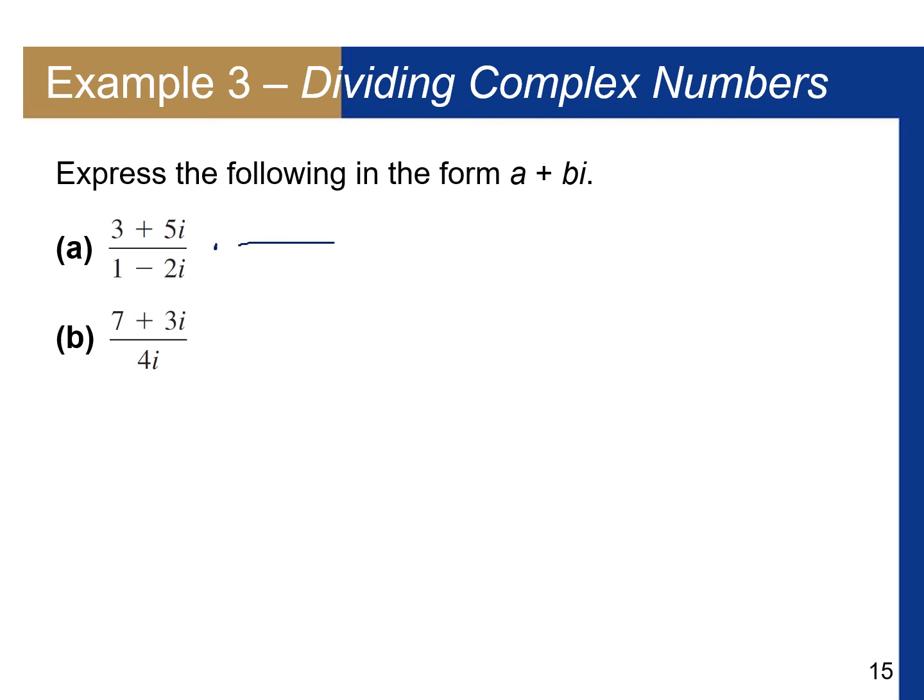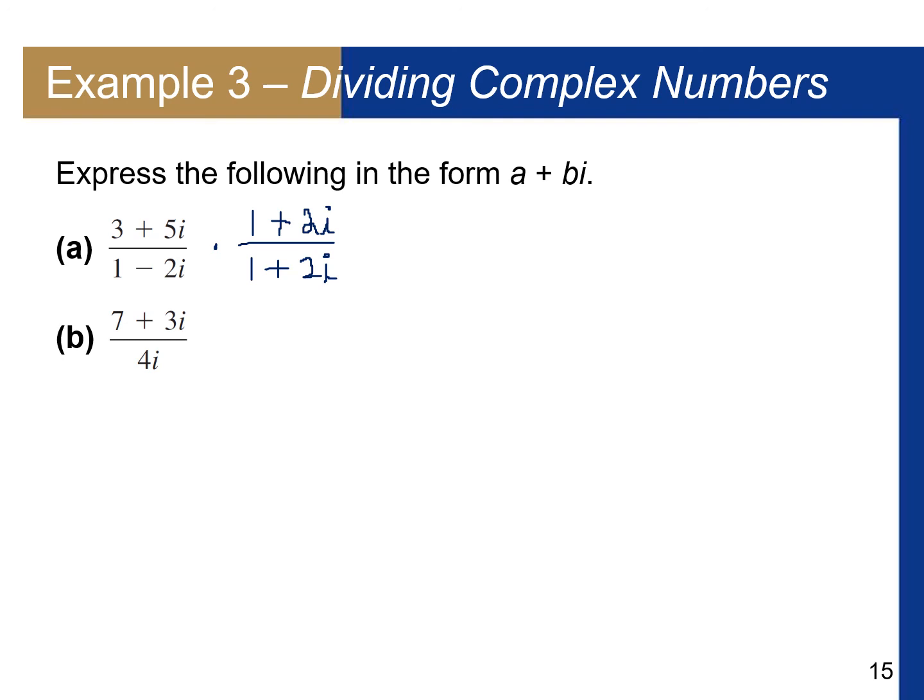What would I multiply the top and bottom of this by? One plus 2i. And then this as well, 1 plus 2i, because you have to multiply it by a form of 1. So the top and bottom have to be the same, otherwise you would be changing the value.